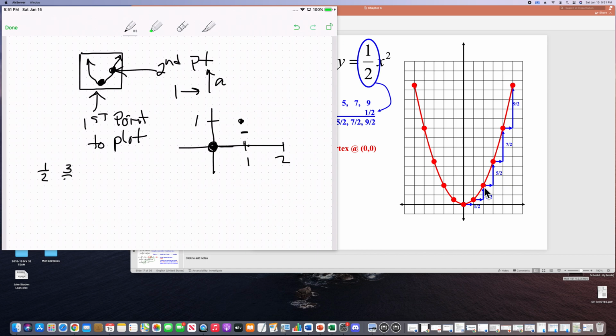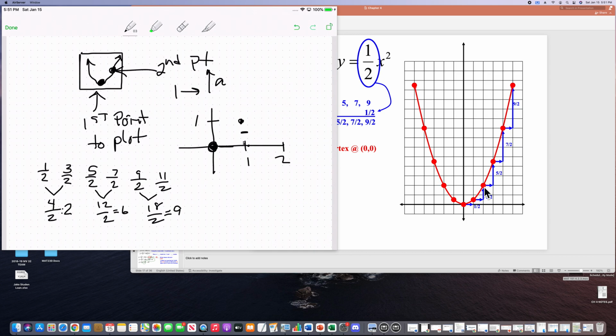So if we look at our pattern here, 1/2, 3 halves, 5 halves, 7 halves, 9 halves, and I'm just going to put in 11 halves. If you add those pairs, I get 4 halves, 12 halves, 18 halves, which all can be reduced. 2, 6, 9.